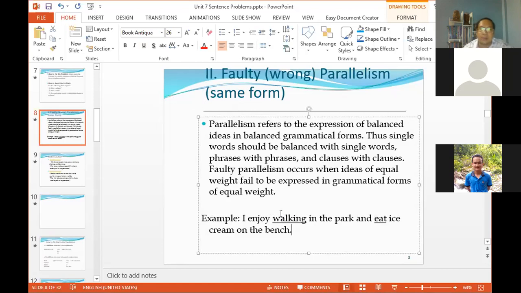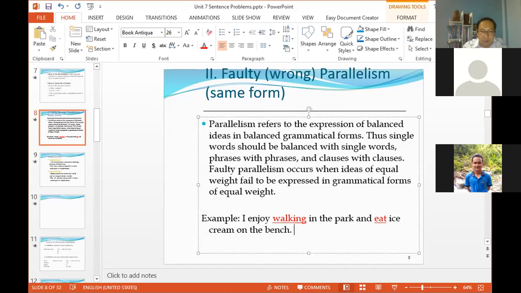When we read or write, we may think it's okay, but look at this sentence: I enjoy walking, and then it. Is this sentence right or wrong, everybody? Wrong.